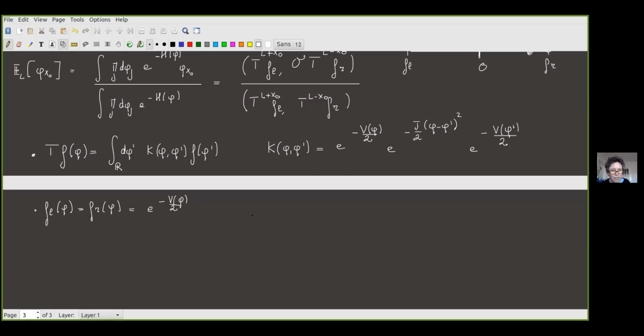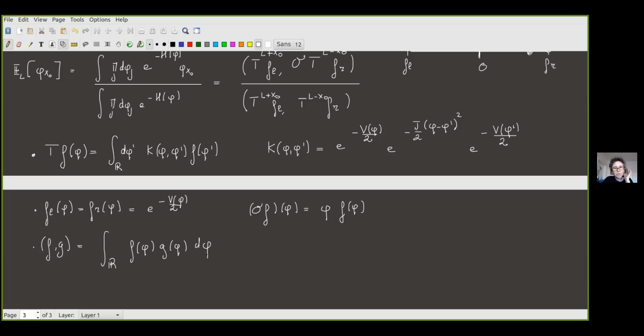What remains is the observable O. O of f is just a multiplication operator, which multiplies the function by phi, and it describes this term above. Finally, these parentheses are just a scalar product in L2. So (f, g) is the integral on R of f of phi times g of phi d phi.